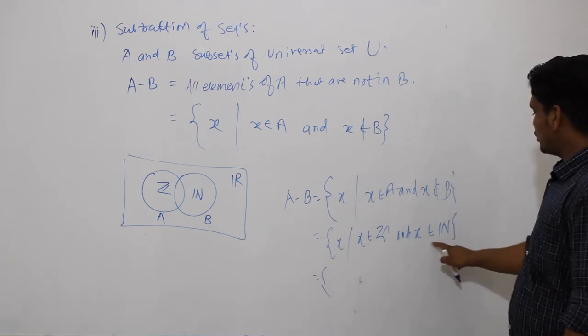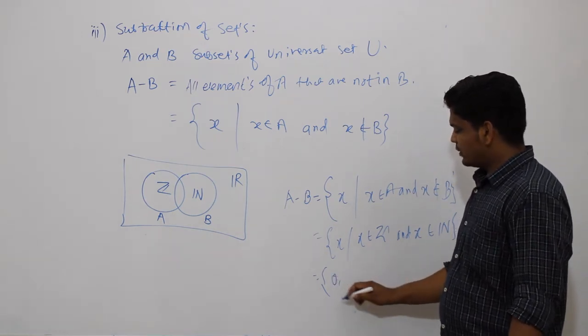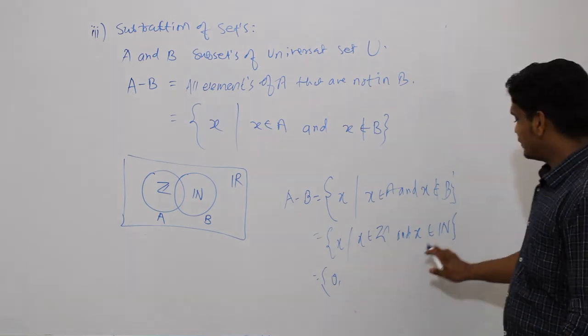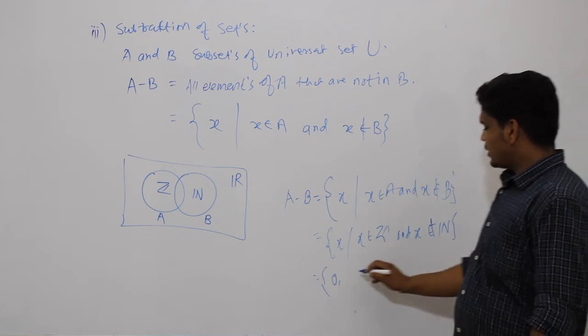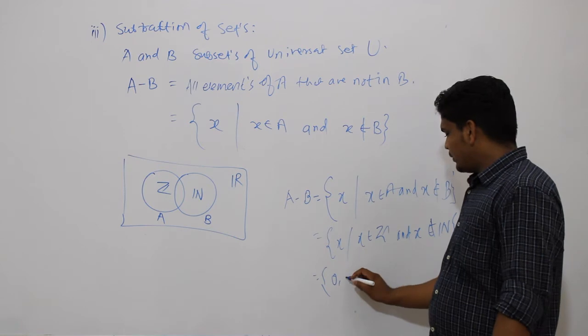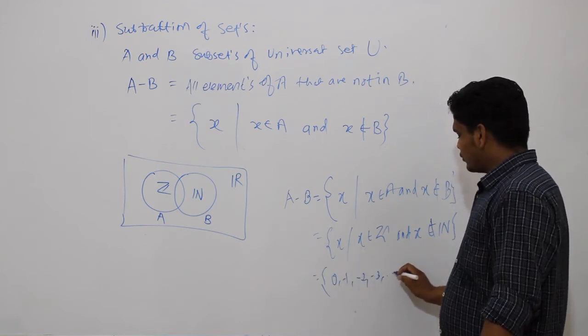I will remove all those elements that are natural numbers. I will take 0, since 0 is not a natural number. I cannot consider 1, since 1 is a natural number. Now here it will be minus 1, minus 2, minus 3 and so on.